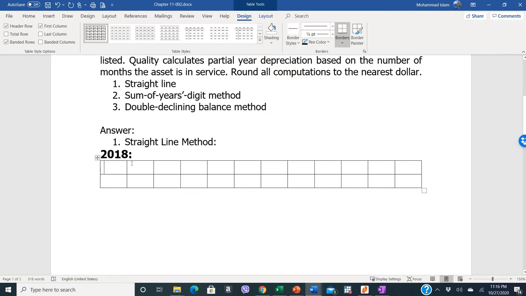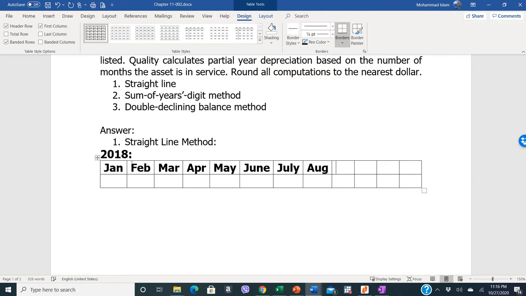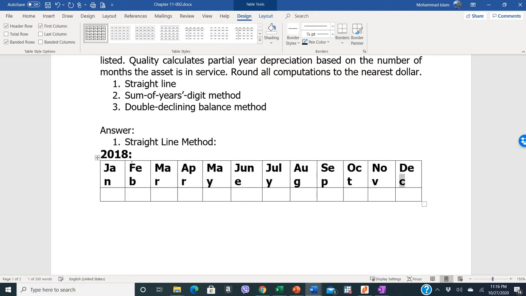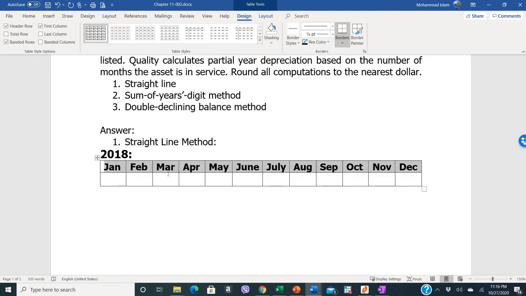So this is January, February, March, April, May, June, July, August, September, October, November, and December. Let's reduce the font size.